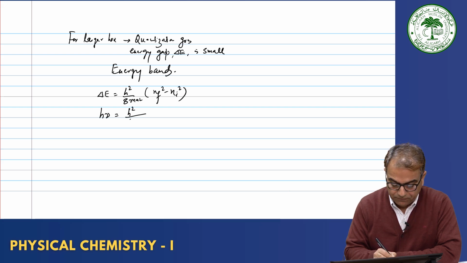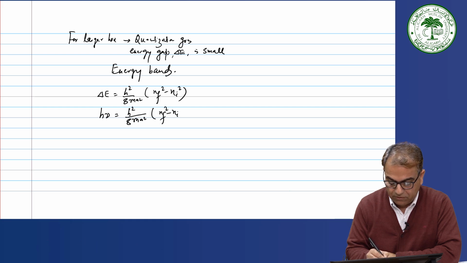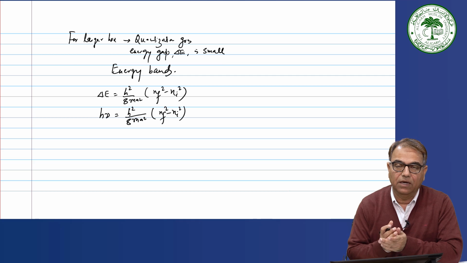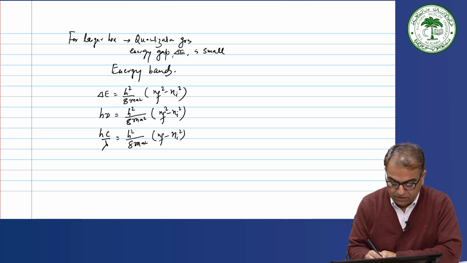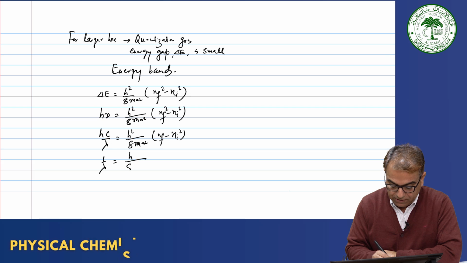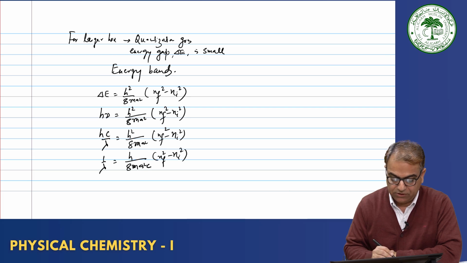Since energy will be provided in the form of electromagnetic radiation, we can say hc by lambda is equal to h square divided by 8 ma square into nf square minus ni square, or 1 by lambda you can write as h divided by 8 ma square c into nf square minus ni square, okay.